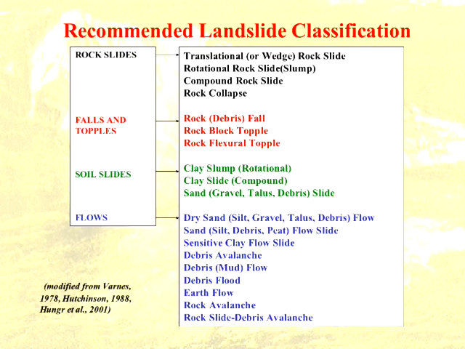They are somewhat differentiated here in that we have slides in rock and soil, we have falls and topples, and finally we have flows. But these, as far as I can gather, these keywords cover every landslide that's ever happened on Earth. There's only 17 of them, so it's not a very complicated system.